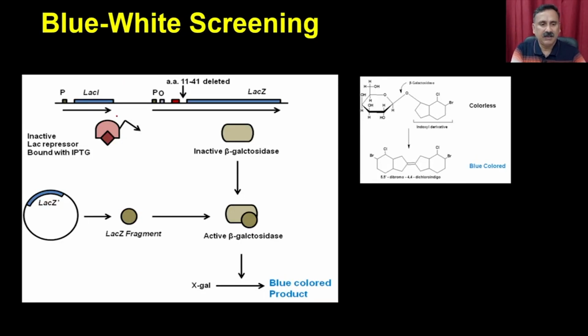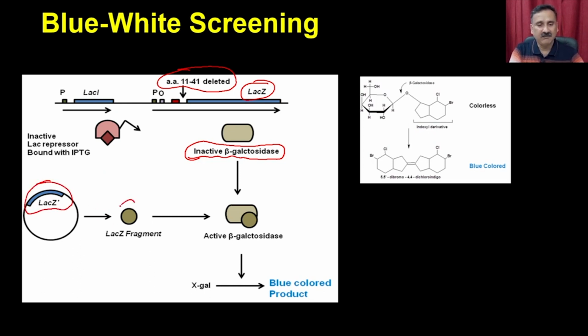So the beta-galactosidase is a protein which is expressed from the lac operon. What you have is a lacZ gene which has a missing 11 to 41 region. If you express that, it is going to give you an inactive beta-galactosidase, whereas this missing region is going to be present on the vector, which is called lacZ prime.